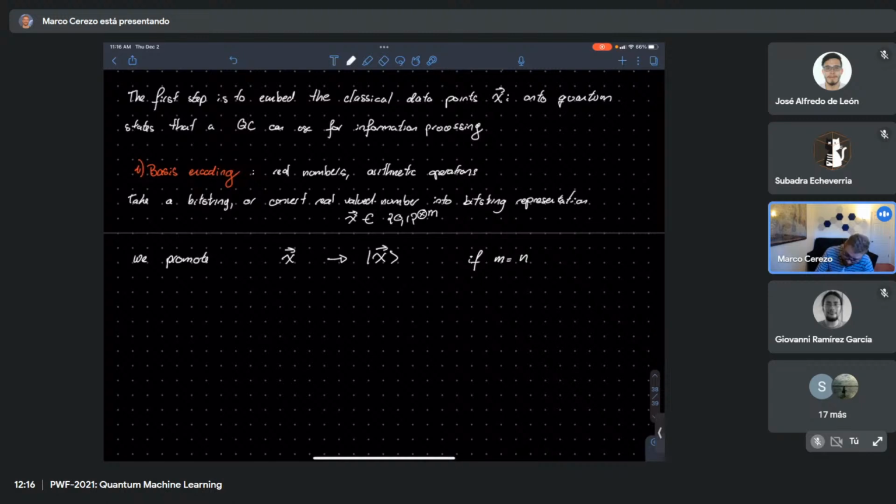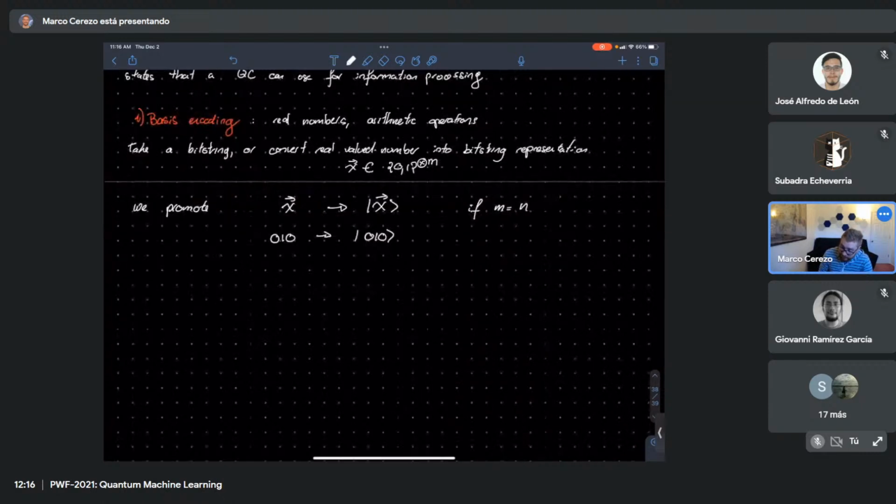For instance, if we have a 3-bit string and we want to convert it into a quantum state, then we simply prepare this state that we can use for quantum information processing. How do we even do this? This is pretty simple. We have a quantum circuit where we know that we can initialize everything on 0, and we know that we need to bit flip the second. We can do this with an X, right?